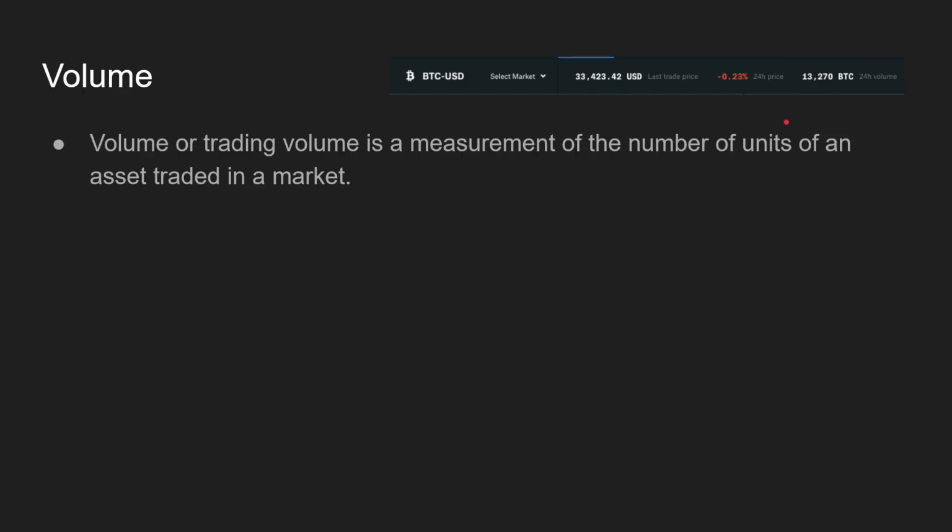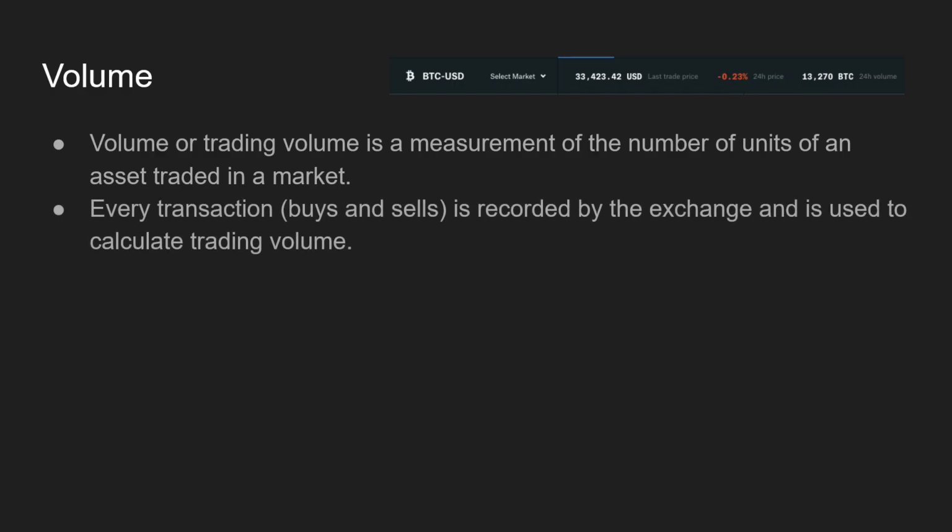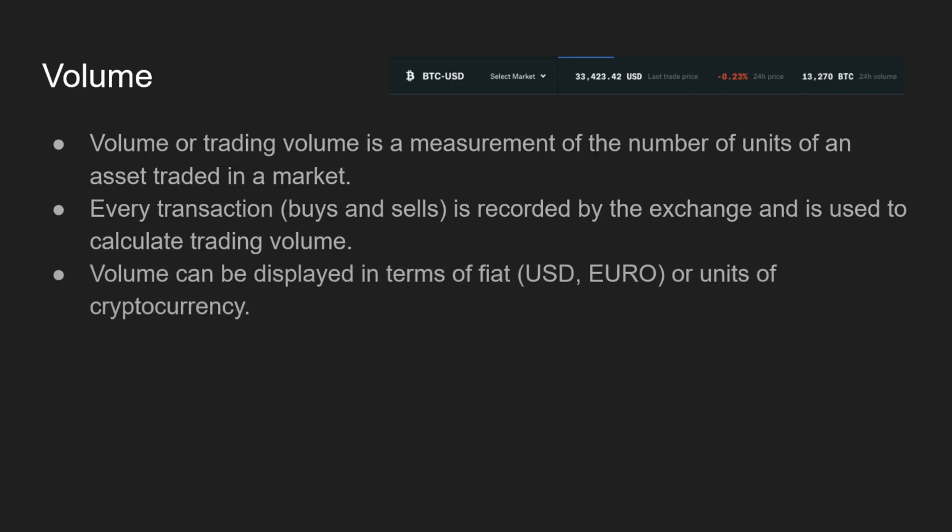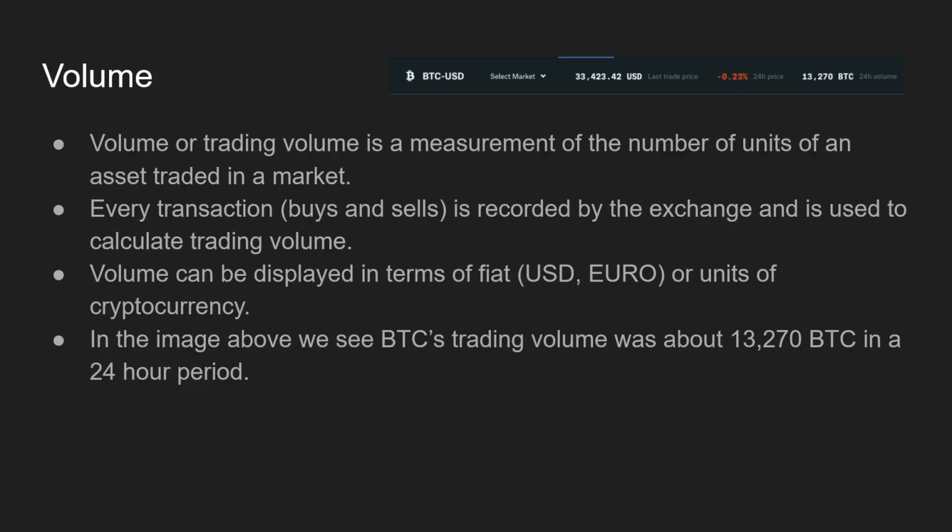Sometimes it's also shown in dollars or euros, depending on the market you're using. Every transaction is included in this, buys or sells. It's recorded by the exchange and it's used to calculate the trading volume. Volume can be displayed in terms of fiat or in units of cryptocurrency, like we see above. And in the image above, we see Bitcoin's trading volume was about 13,270 Bitcoin in a 24-hour period.